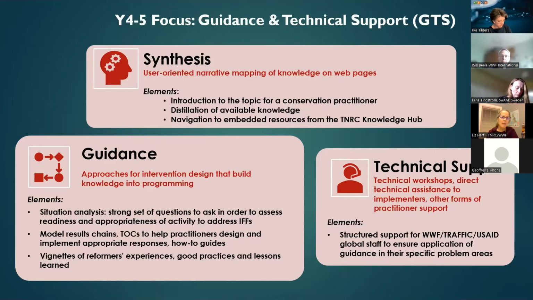And at the same time, developing more concrete guidance products and engaging more directly with technical support to offices that are trying to do some of this work. So that's the reorientation of our logic for the last 2 years of our project. Happy to answer some more questions about that later if there are any.